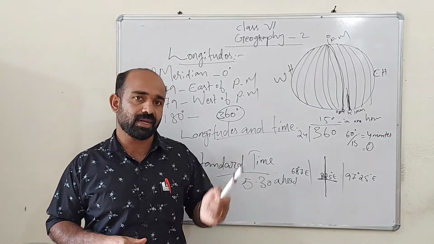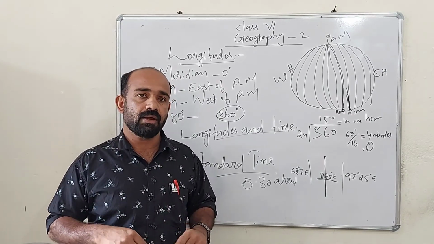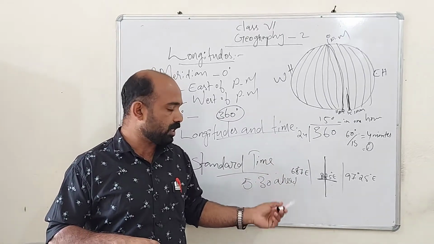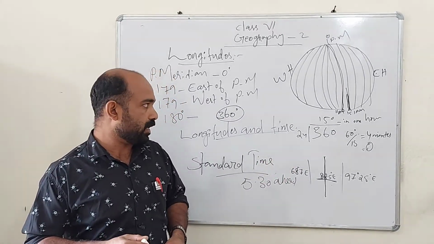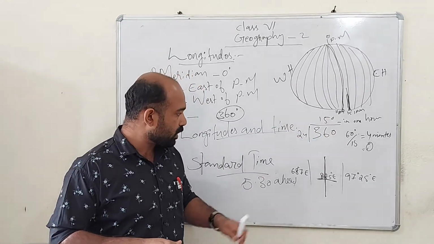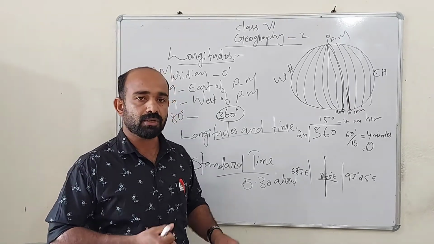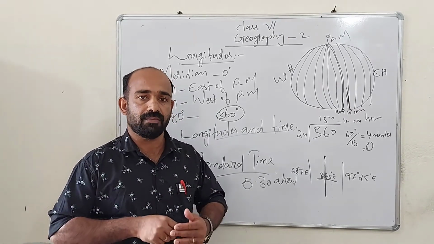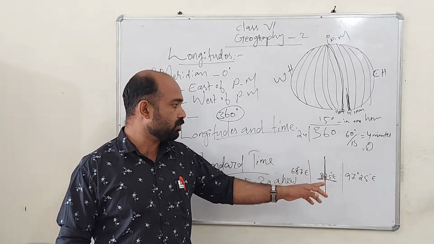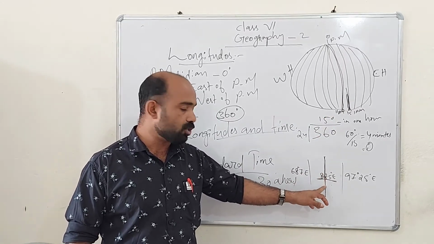That's why in every country one particular time will be set, and this time will be compared with the Greenwich time. And in India we have seen how time is compared, because when it is 12 p.m. in Greenwich, in India it will be 5:30 p.m., because our time is ahead of Greenwich time, and that also 5 hours 30 minutes ahead, because we have to compare the Greenwich degree, prime meridian, and 82.5 degree.